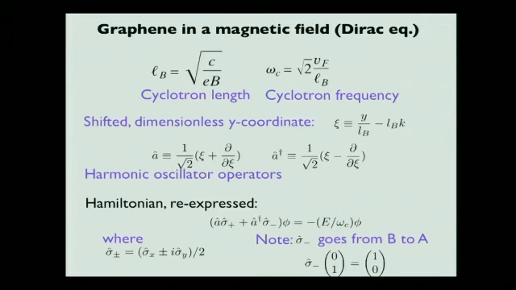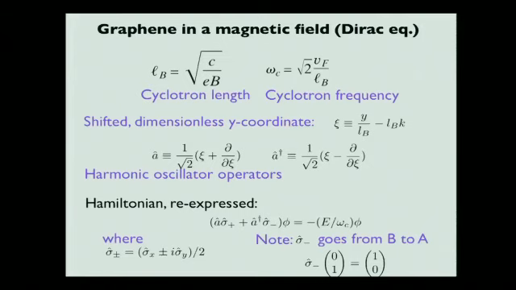In our case, the cyclotron frequency cannot possibly be the same expression as for the standard non-relativistic case, because there was mass in the denominator. We don't have any mass. So it turns out that here it's the velocity in our Dirac equation divided by the one length scale we have. And that, of course, gives you a frequency.